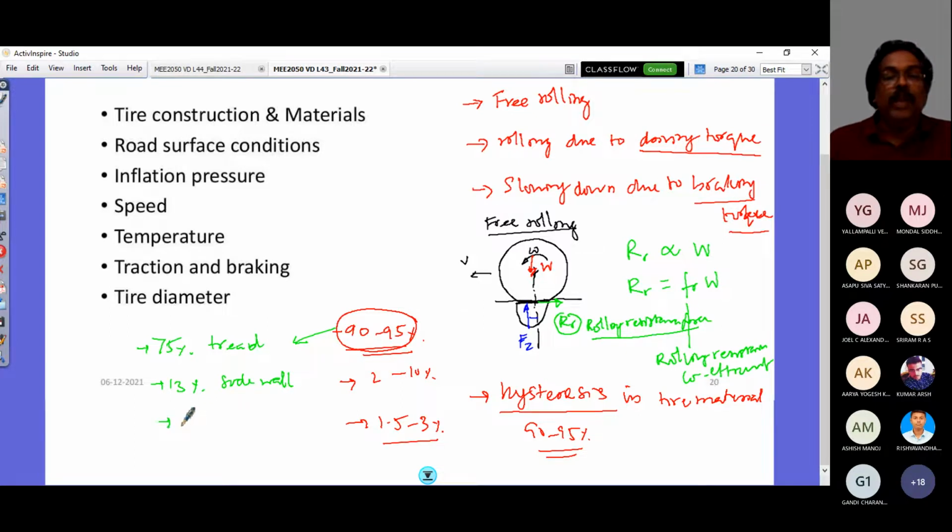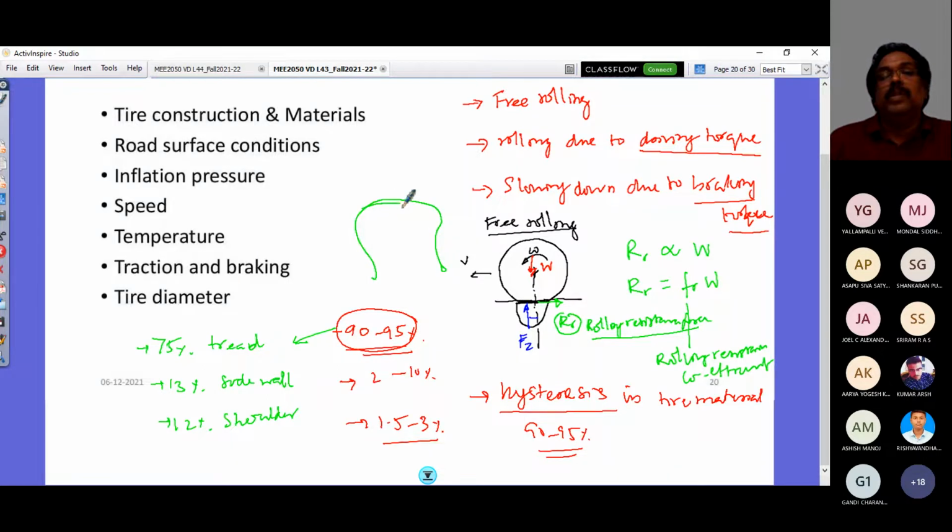And again, some 12% contribution comes from the shoulder region. The shoulder region is the one which connects your tread and the sidewall. If you look at the profile, it goes like this for the tire.